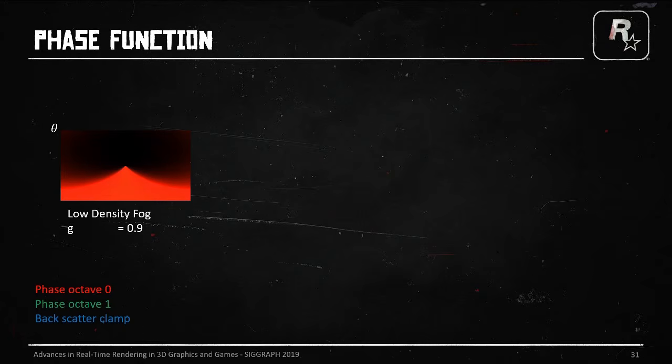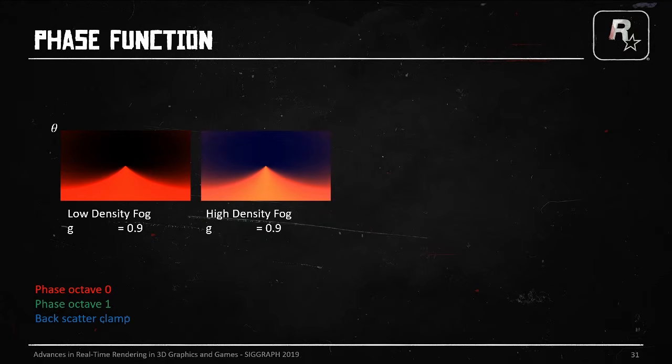If we visualize these 3 components then, low density fog, like this, with a high forward scattering component. We look at the first octave in the red channel. The green channel is basically blank, as well as the backscattering clamp in blue, which is because the density of the fog is very low. For high density fog, with the same anisotropy, we are now adding some of the second octave as well as some backscattering.